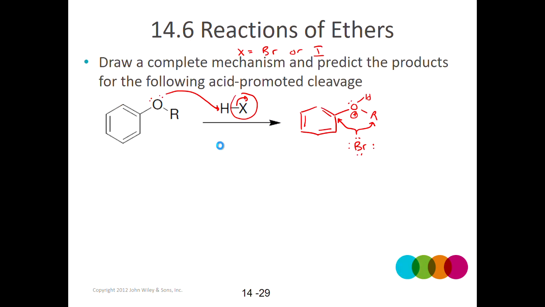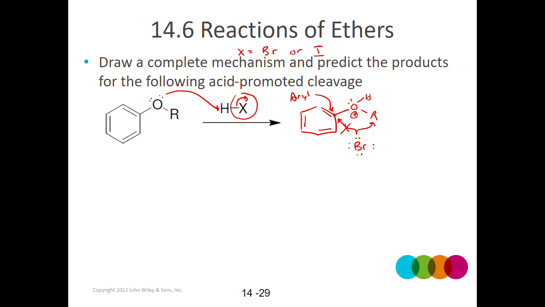In this case, though, what we see is this is an aryl carbon. It's like a vinyl carbon in that it's not reactive toward SN1 or SN2. There's no way sterically that the bromine could come in here from the back side because the ring is blocking it. So you can't do SN2.